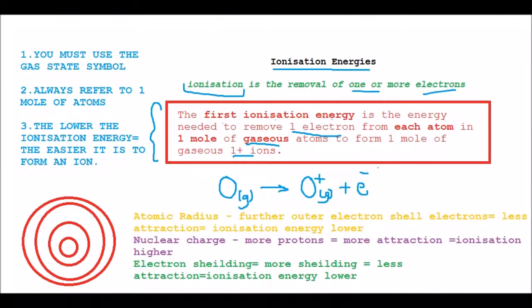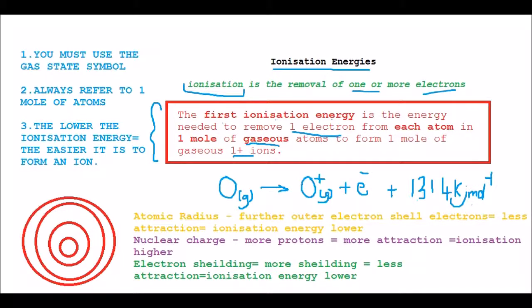You would be given, or you might be asked to figure out, the actual ionisation energy. The ionisation energy for oxygen is positive 1314, and the units for that are kilojoules per mole to the -1.